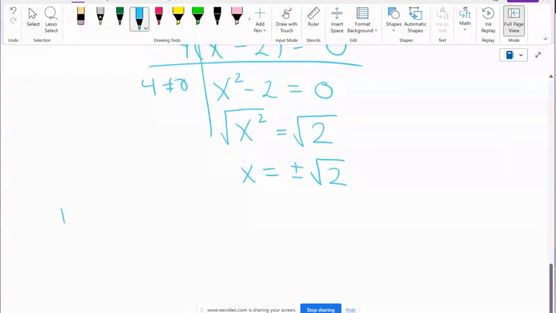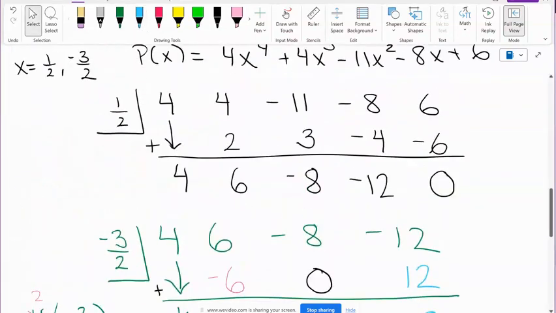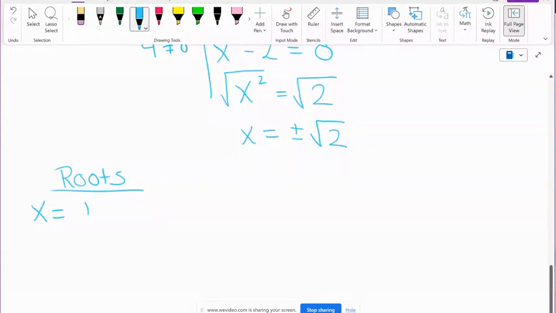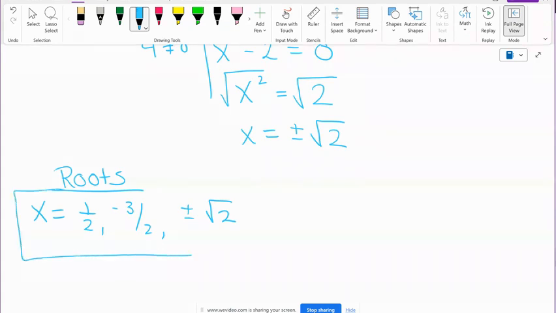So our roots. X equals, I think, was it positive a half or negative a half? Okay, thanks. So we have positive a half, negative 3/2, plus minus root 2. Those are our 4 roots. But now what do I want to do?